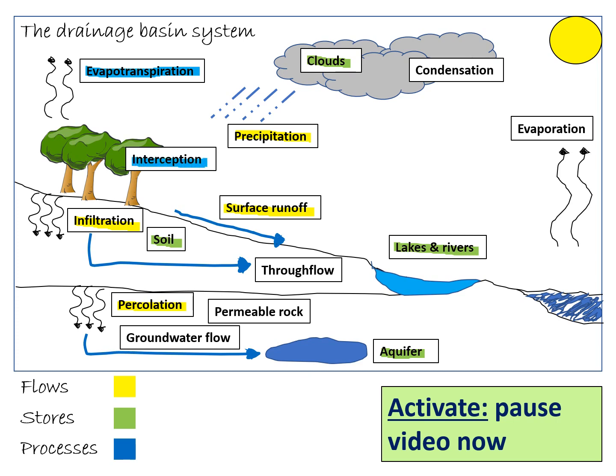Interception is a process of sorts, even though it's not changing. Condensation, evaporation. We've just got another flow, groundwater flow, and we've got another store here. And then our final flow is through flow.